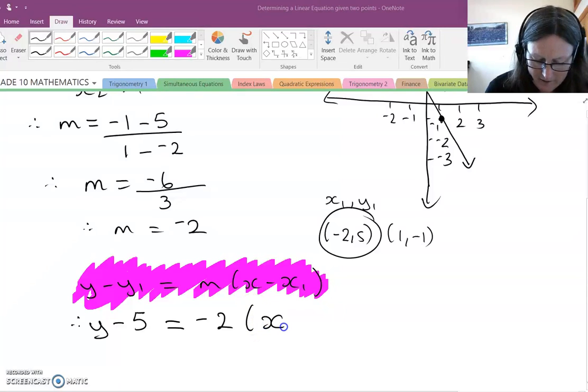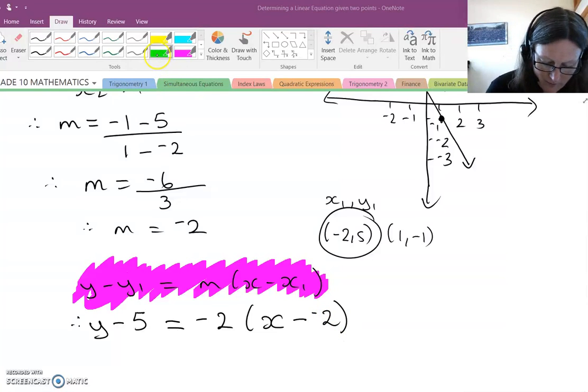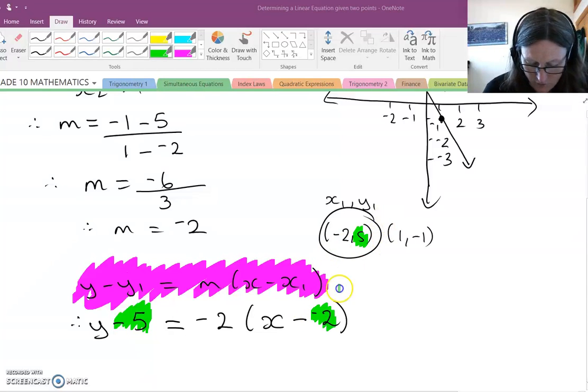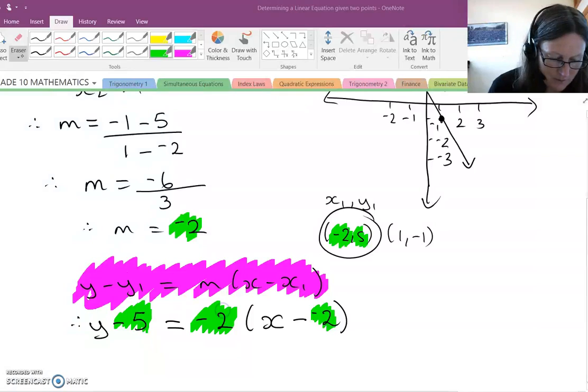And then we write x, and we subtract whatever x1 is, and x1 was -2. So we have substituted in 5, we have substituted in -2, and we have substituted in the gradient of -2.